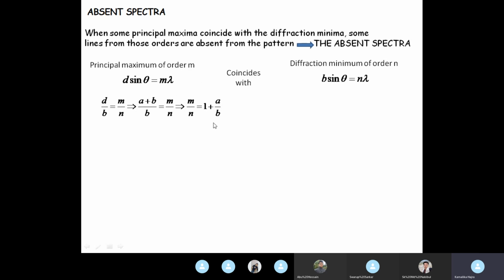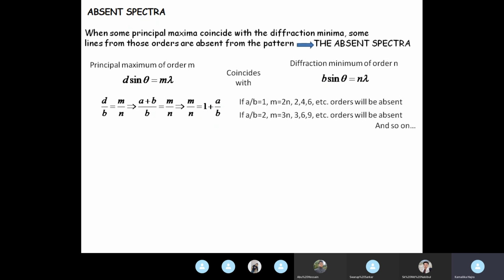So depending on the value of a and b, suppose a by b equal to 1, slit width and slit separation are the same, then m will be equal to 2n, and 2, 4, 6, etc. orders will be absent. A by b equal to 2, m equal to 3n, and 3, 6, 9, etc. orders will be absent. So in this manner, you can predict which particular order will be absent. Usually, the a by b ratio is not so small, it's large, and so the earlier orders are not usually absent.